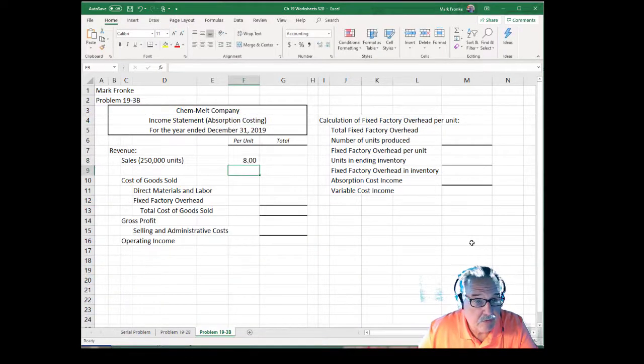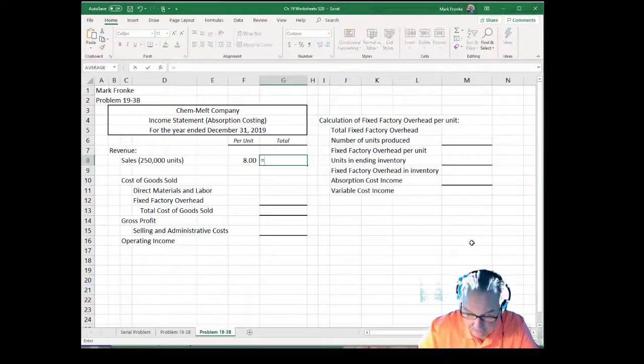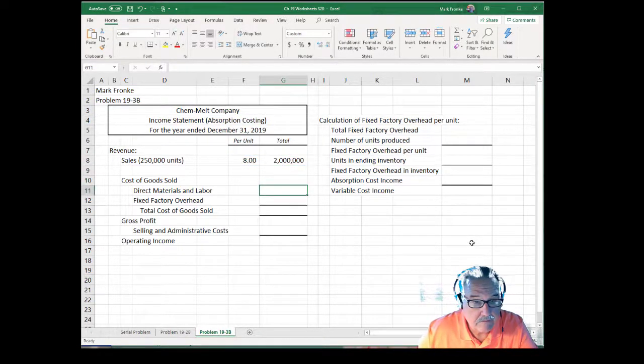Okay, in this case, we're also selling 250,000 units, which is $2 million in sales.